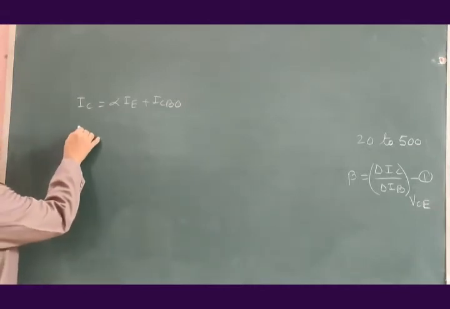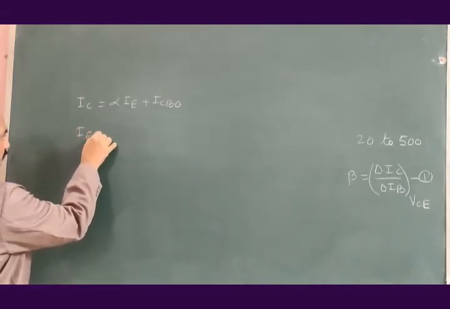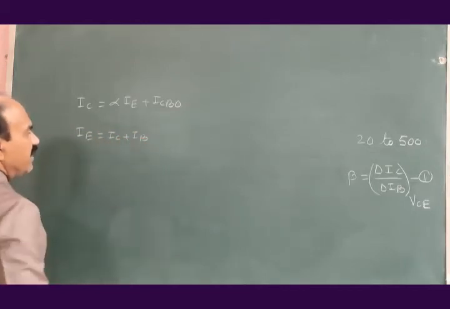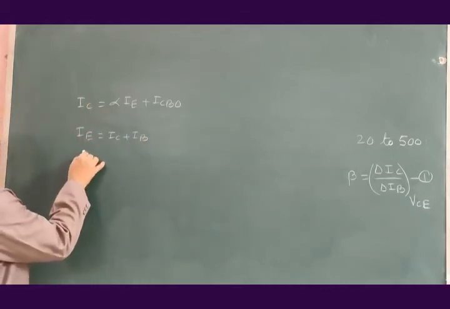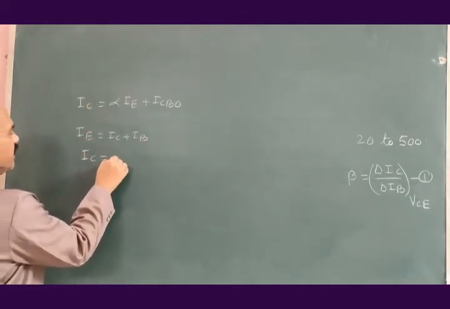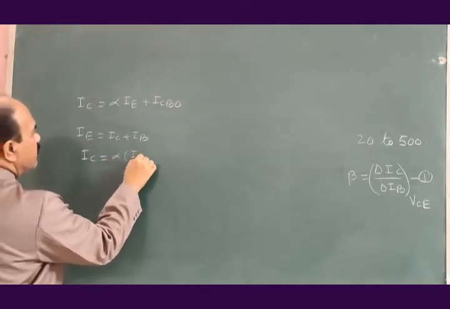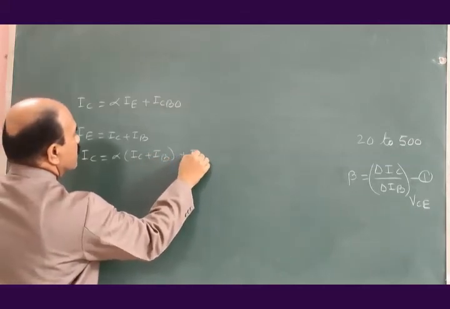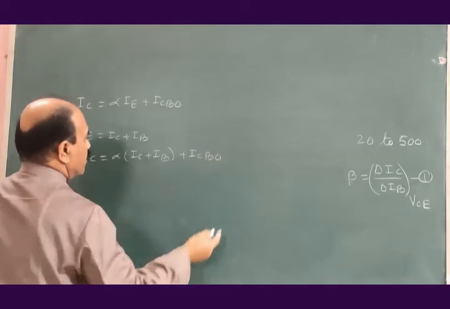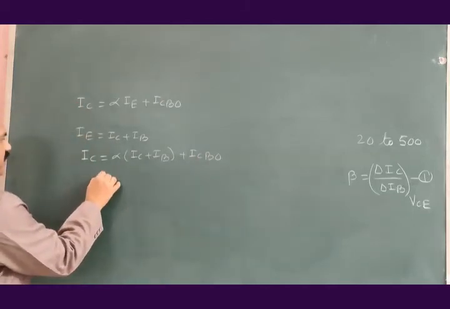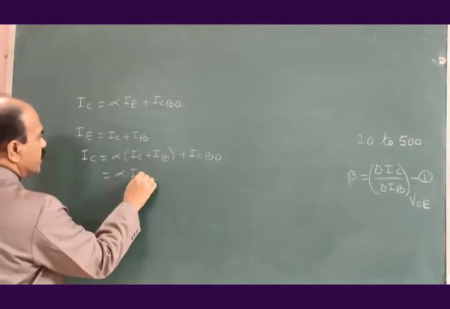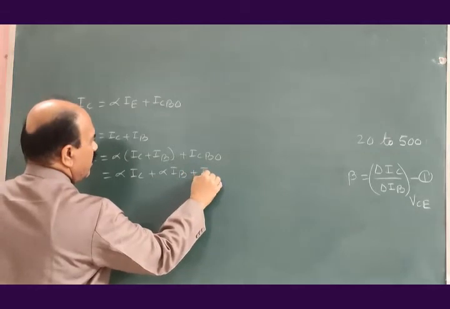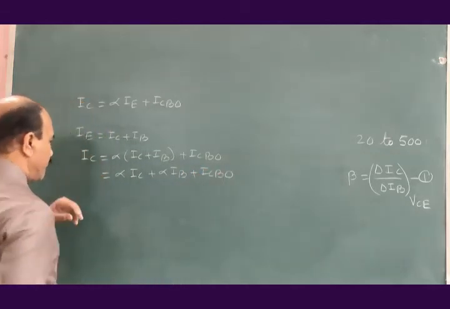But we know the value of IE is IC plus IB. Let us put this value here so that IC will be equal to alpha times (IC plus IB) plus ICBO. This is alpha times IC plus alpha times IB plus ICBO.